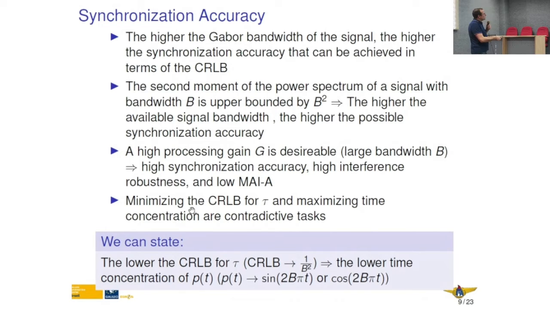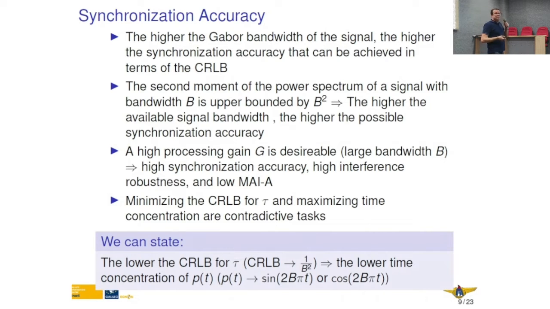Furthermore, minimizing the Cramér-Rao bound and maximizing time concentration, we saw that this is a contradictory task. We can see here that if the Cramér-Rao bound for time delay tends to 1 over 2b squared, the lower the time concentration becomes, so p is tending to sine or cosine.